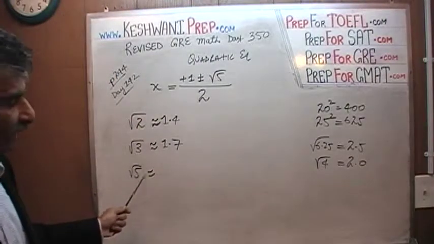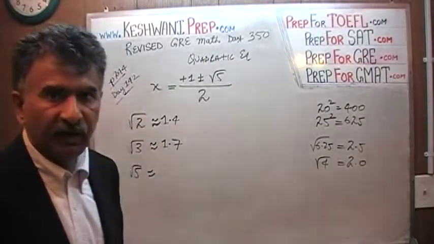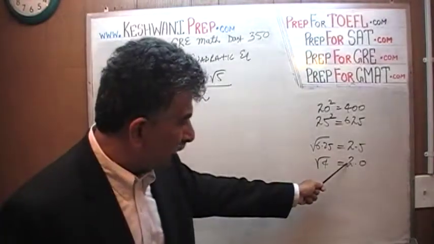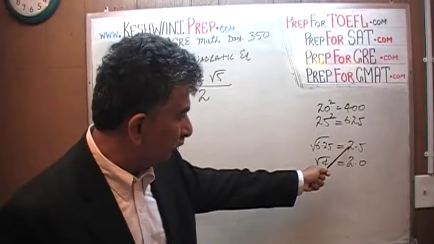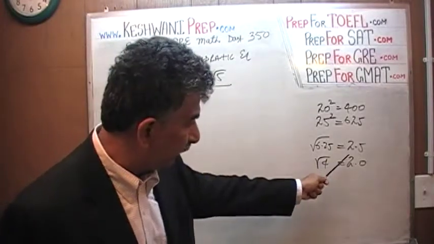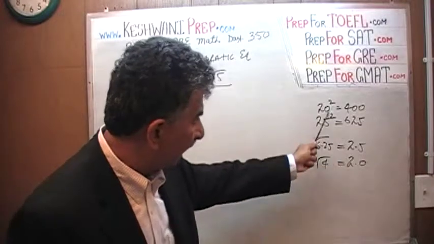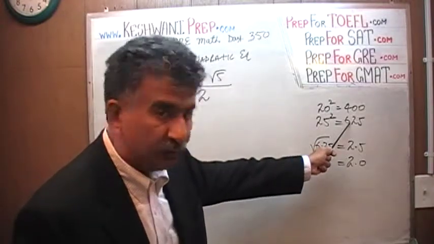We're looking for 5, and 5 is between 4 and 6.25. Should we try 2.1? It has to be between 2 and 2.5 because the square of 2.5 is 6.25.